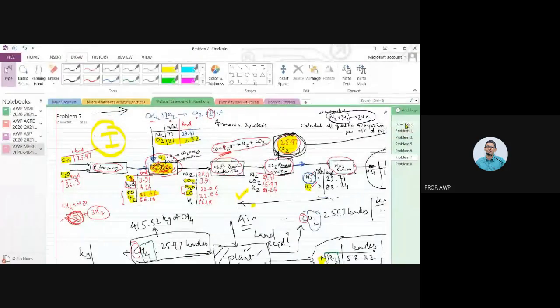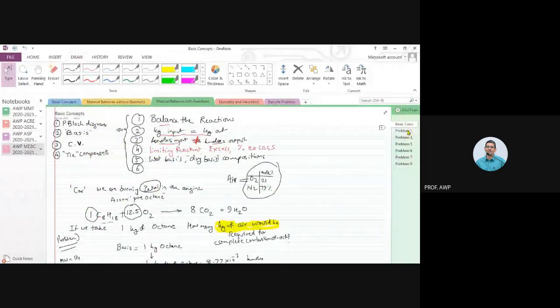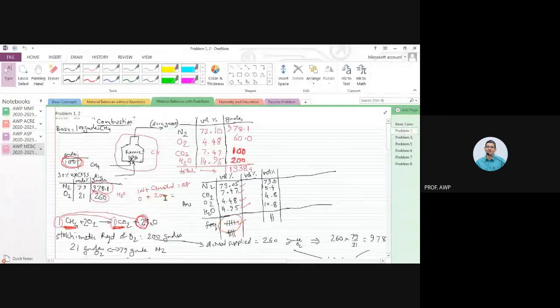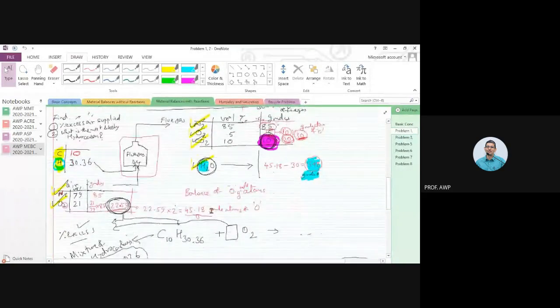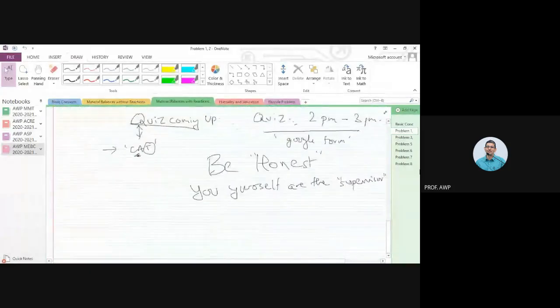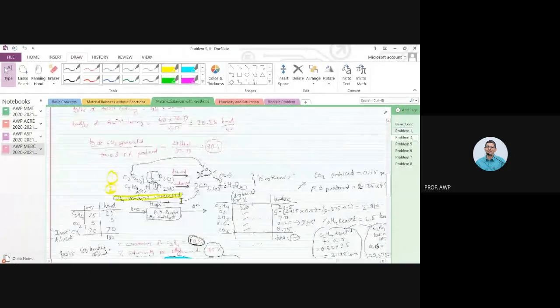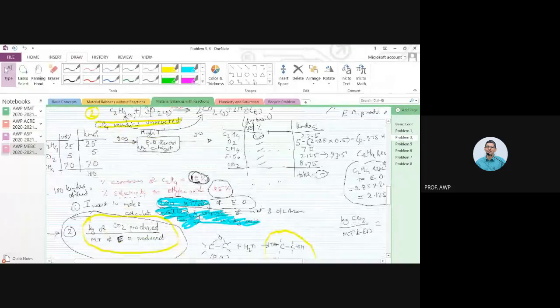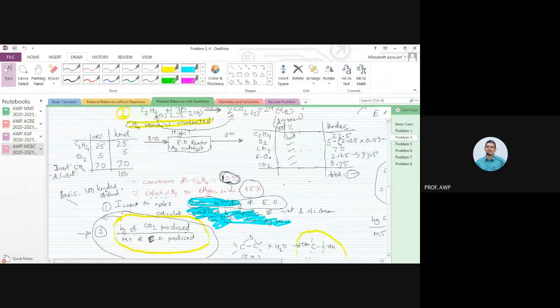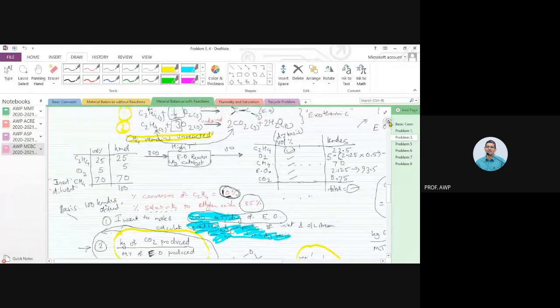Just let me take you back. We are talking about conversion and selectivity. Do you remember we were talking about that? Conversion means whatever comes in, whatever reacts out of whatever converts. That is our conversion. Whether it goes to fructose or whether it goes to something else, it is hardly our concern. Well, it is our concern, but it is hardly our concern when I define conversion.